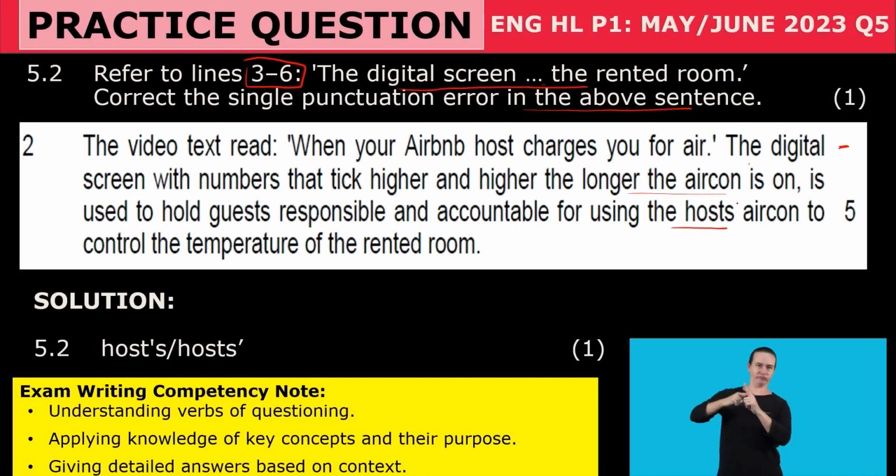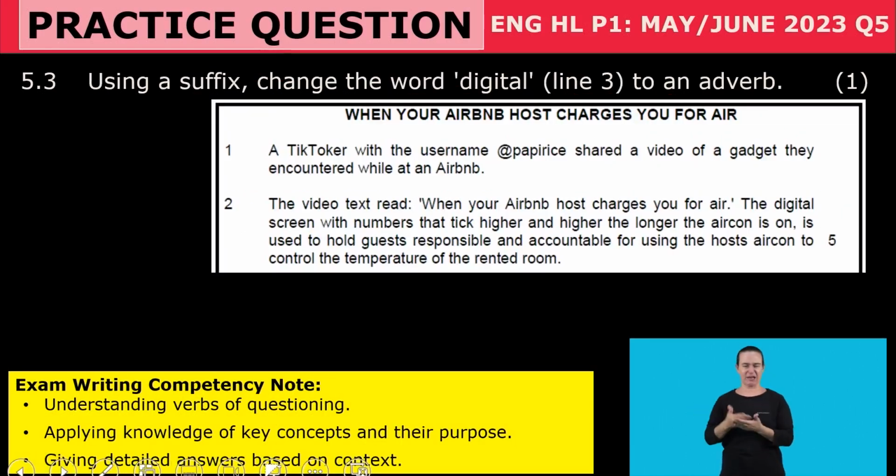The issue in punctuation isn't the word hosts because it needs an apostrophe of possession. So you could either write it as a singular host, apostrophe S, or plural hosts with the apostrophe coming after. Any of those would be accepted for 1 mark.